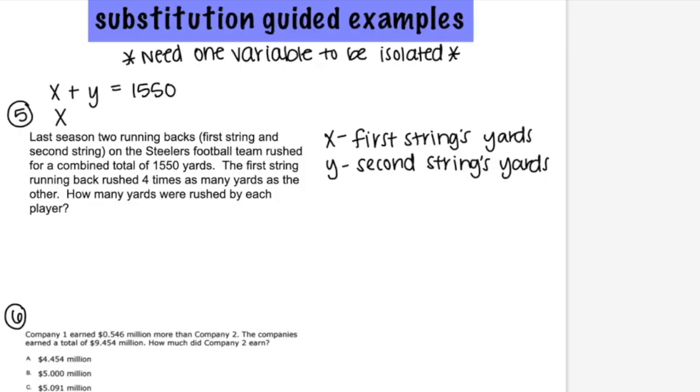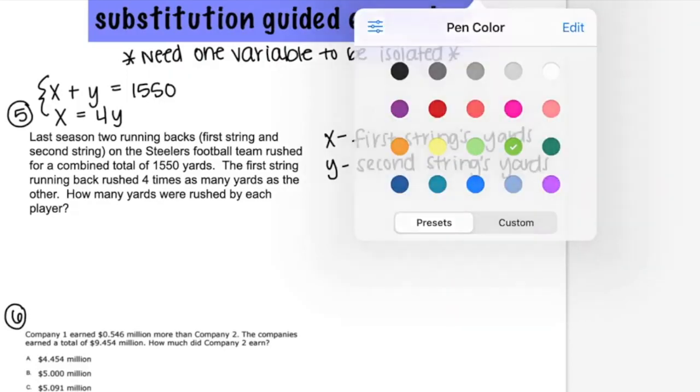The first string, x, rushed 4 times as many as the other. So the first string's yards was equal to 4 times as many as the second string's yards. So how many were rushed by each player? So here are our 2 equations.